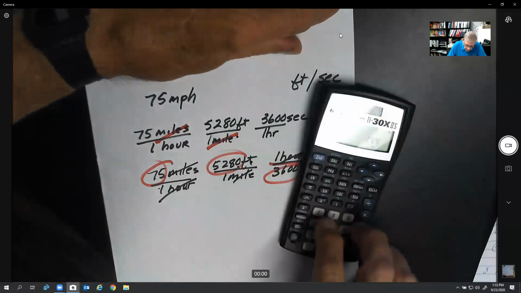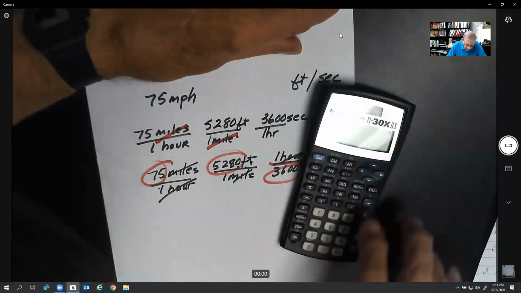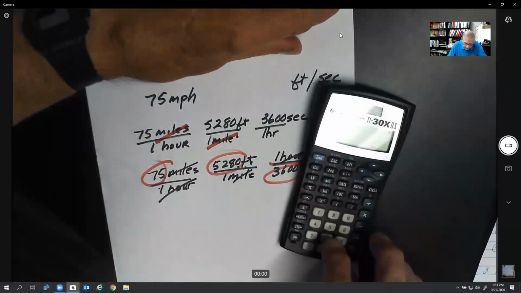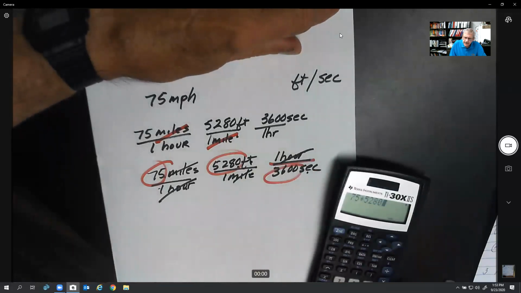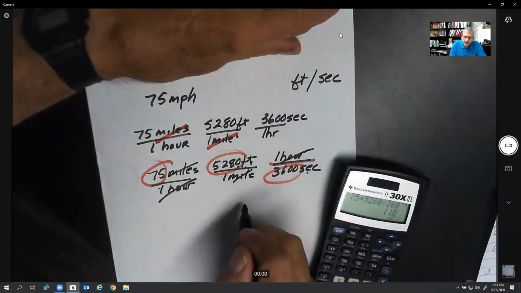So let's multiply those out. 75 times, that's why you need a calculator or a gigantic brain, divided by 3,600. I suppose there are people that could do this in their head. I'm not one. So that's 110.